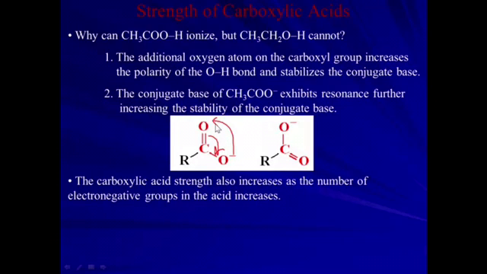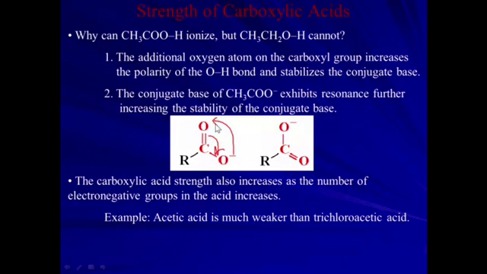The carboxylic acid strength also increases as the number of electronegative groups in the acid increases. So for example, acetic acid is much weaker than trichloroacetic acid. And here are their formulas. On this one right here, you've got some chlorine sticking on the carbon at the end instead of hydrogen.